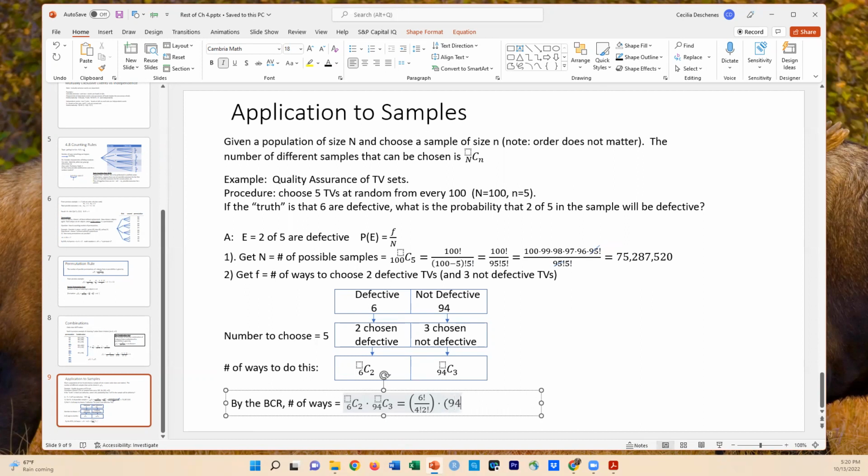We have 94 factorial divided by 94 minus 3, so 91 factorial, and 3 factorial. And you can simplify that down, or if you have a strong calculator, you should be able to calculate this. This is 2,010,660.